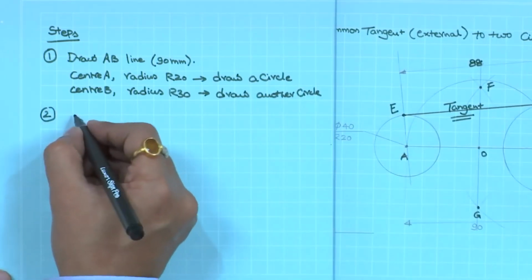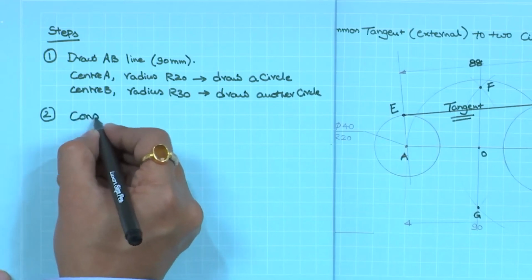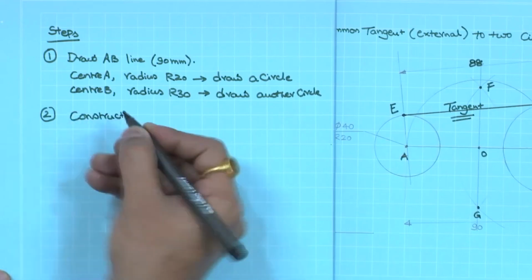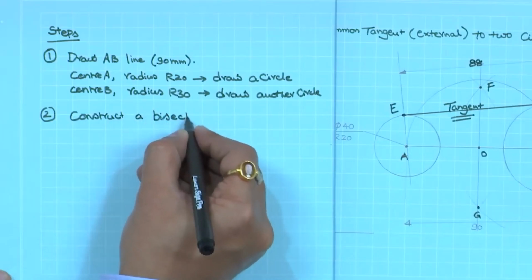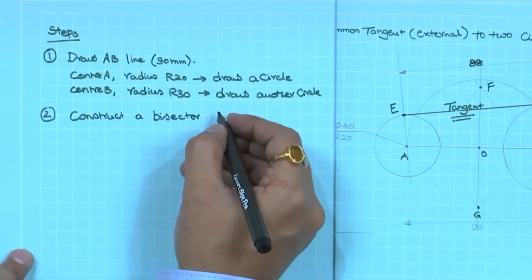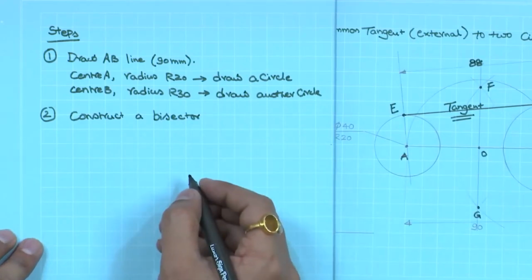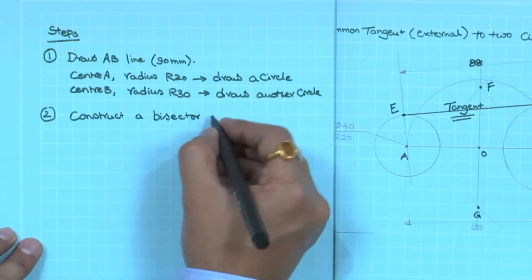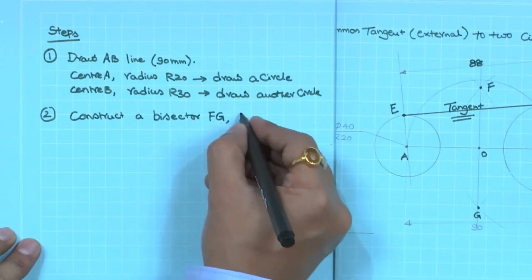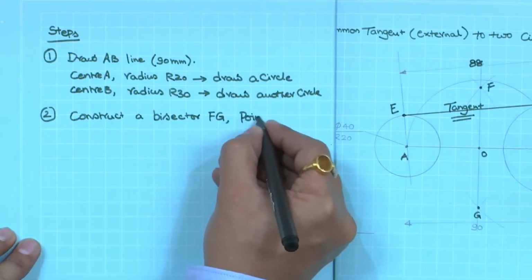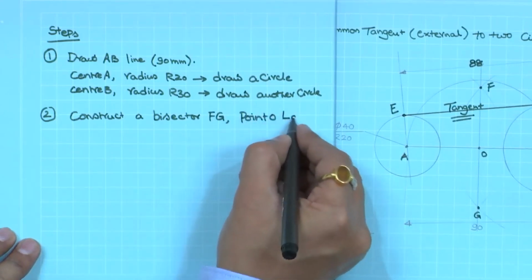Now, construct a perpendicular bisector, which in this case is FG, so that we will get a point O. Locate this point.